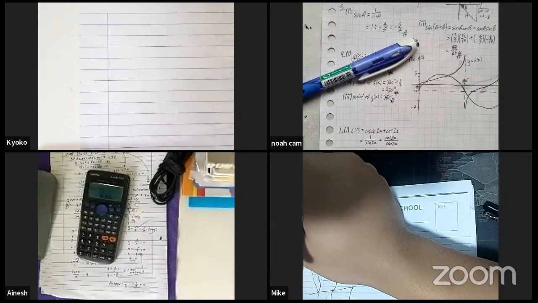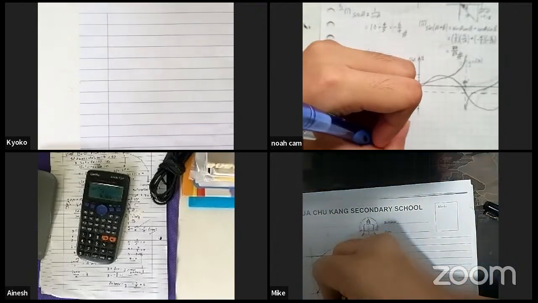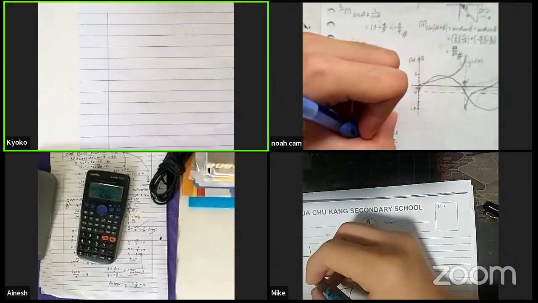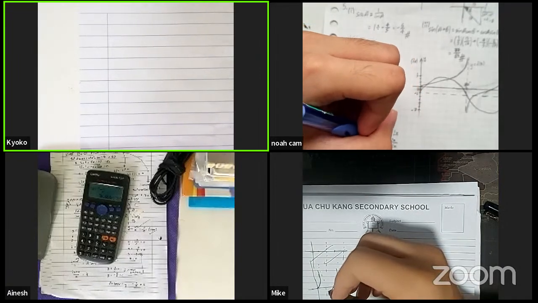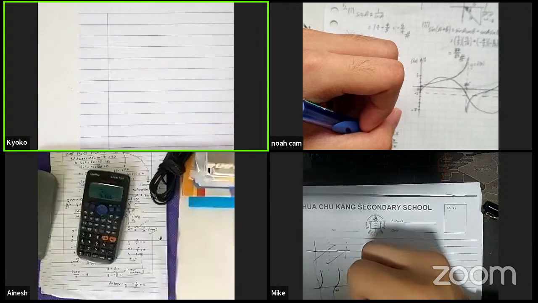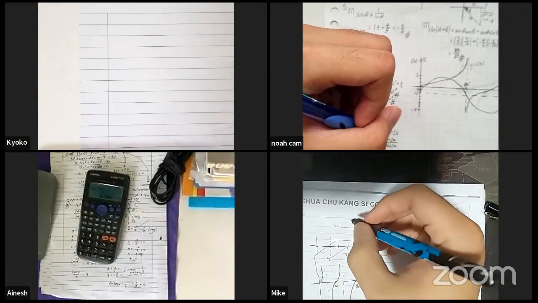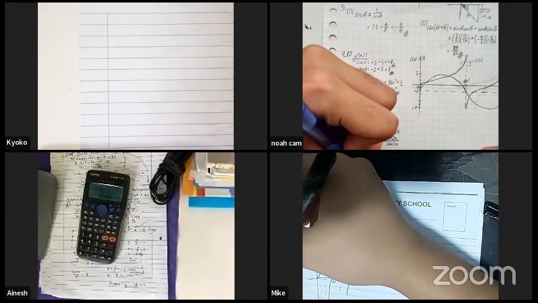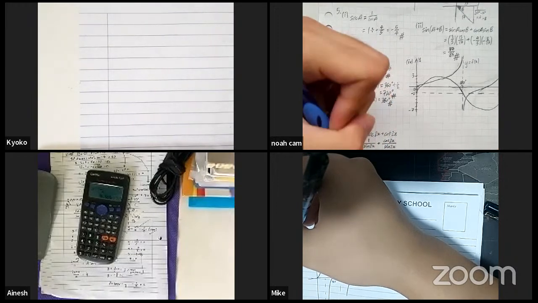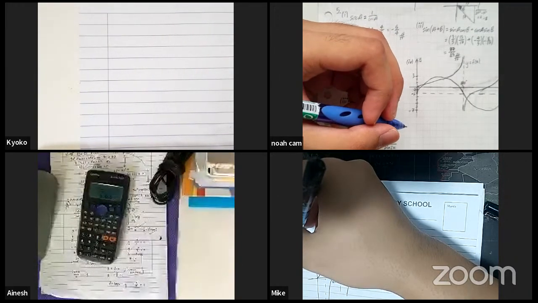So Kyoko, please tell me who is this other guy? It's not -36.9, but -36.9 is like that from 0.